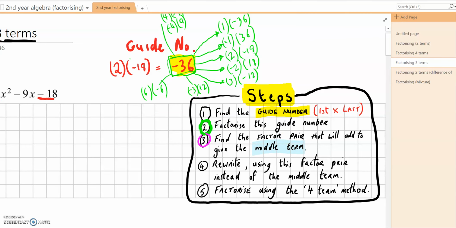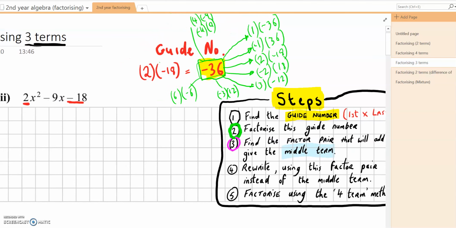It's the middle term in the question, this number here. Really, I shouldn't use the word term, I should use the middle number. What's the middle number? The middle number is minus 9.